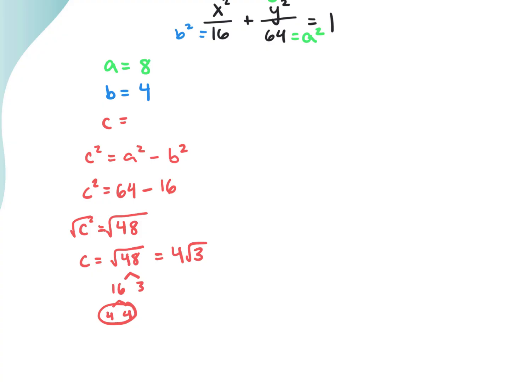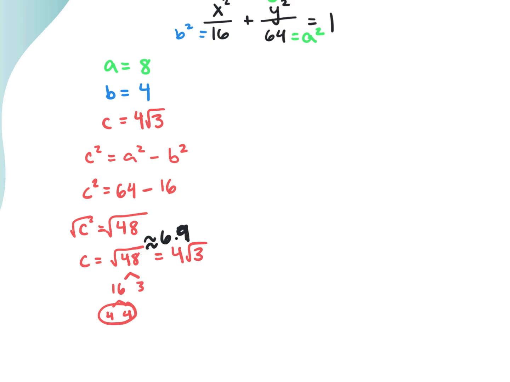So we can say this is about 6.9. That's going to help us with graphing. We want to keep it exact. So we're going to say that c is 4 square root 3. We want to keep it the simplified version of our square root. But to help us with graphing, it's going to help to know that it's about 6.9-ish.